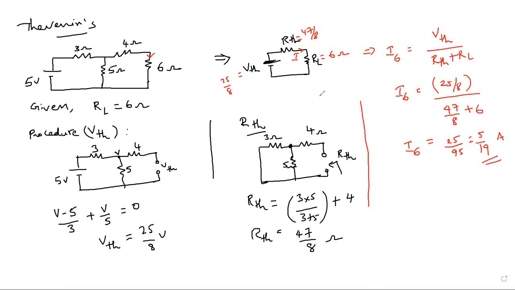Very good. That is the current which is passing through the 6 ohm resistor. So I6 is equal to 5 by 19 amperes.